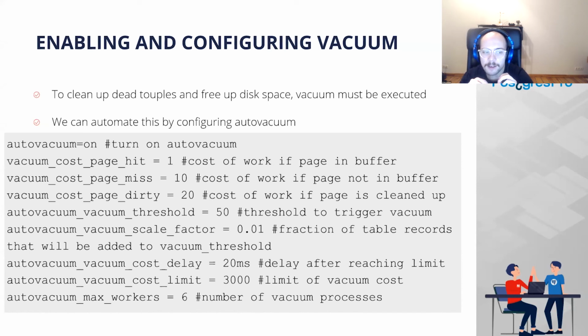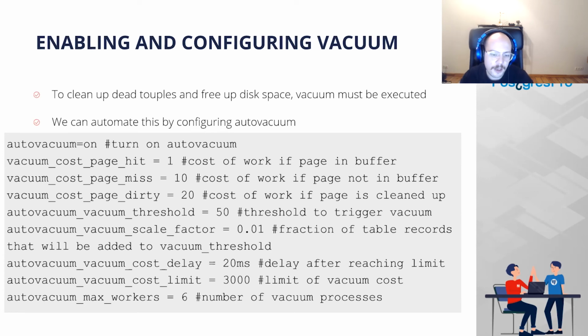Essentially, we assign a performance cost to memory page hits, memory page misses, and when a page gets dirtied, so updated or cleaned up. And depending on what kind of operation we execute, what kind of page we hit, miss, or clean up during this vacuum, this operation will have a cost.